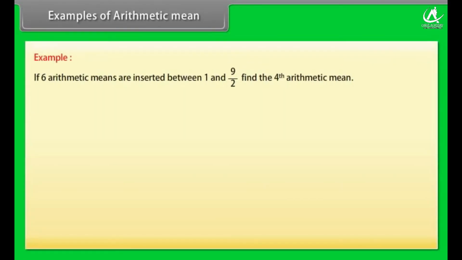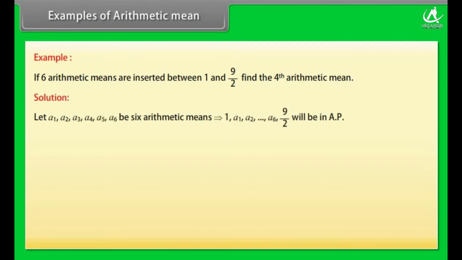Examples of arithmetic mean. If 6 arithmetic means are inserted between 1 and 9 by 2, find the 4th arithmetic mean. Solution: let a1, a2, a3, a4, a5, a6 be the 6 arithmetic means. It implies 1, a1, a2 up to a6, 9 by 2 will be in arithmetic progression.